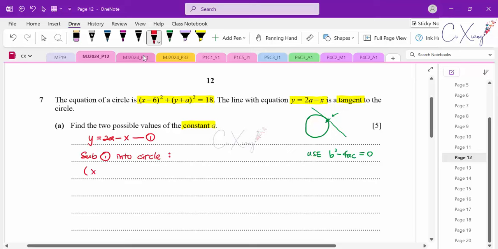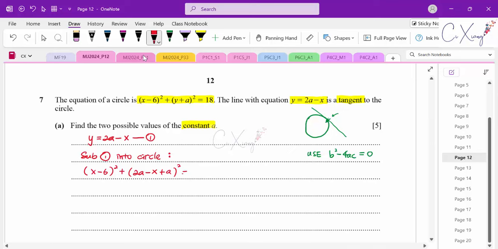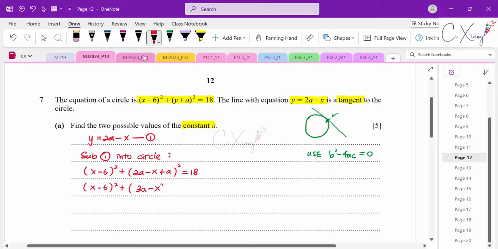Okay, so it will become x minus 6 squared plus y, y is 2a minus x, plus a squared equals to 18. And after that, you can try to expand the whole thing. Okay, so 2a plus a is 3a. So 3a minus x squared equals to 18.